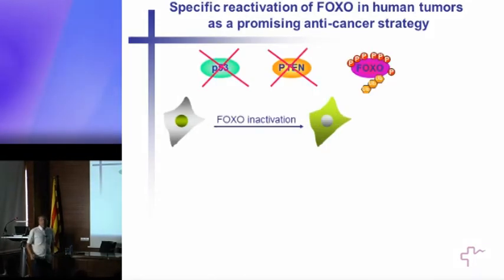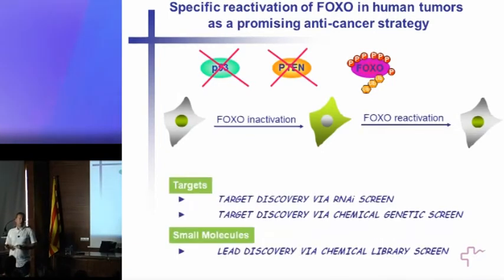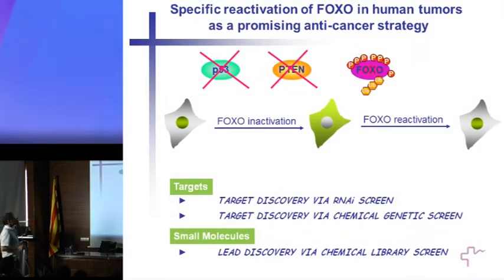The difference between Foxo tumor suppressor and other tumor suppressors like P53 and PTEN is that P53 and PTEN, for example, are mostly inactivated by genetic and epigenetic alterations, whereas Foxo is inactivated mostly by post-translational modifications.